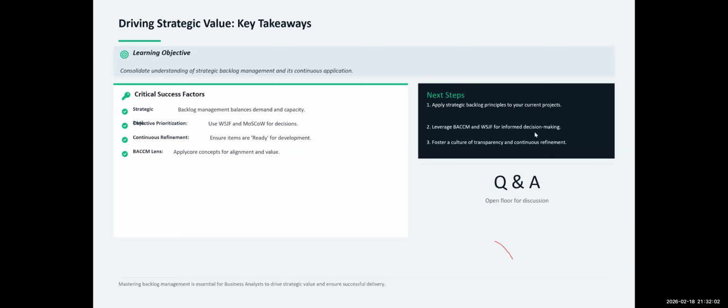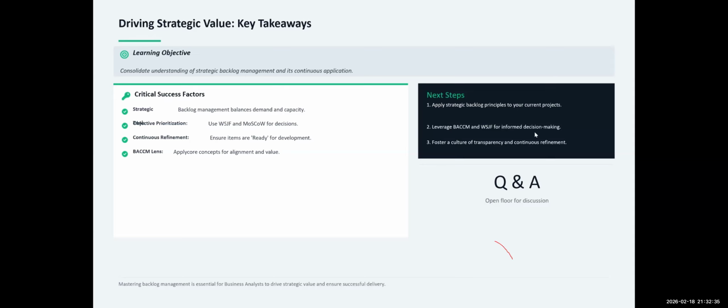Which one do you want to go at first? Okay, let's do this calculation. Whatever prioritization framework you want to use, you'll be able to explain to them and they will reason with you, right? So you can use any of the prioritization to decide, and continuous refinement helps you to ensure that in your backlog, you get the item ready for development anytime you want to pick it, right?